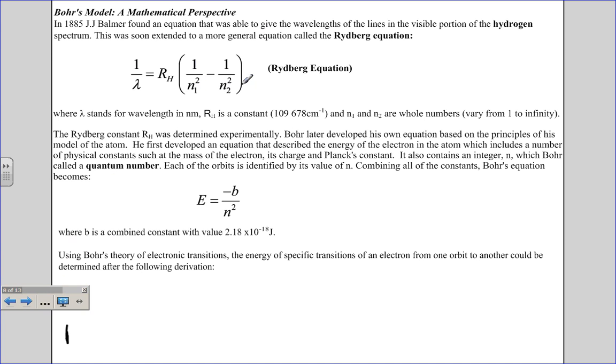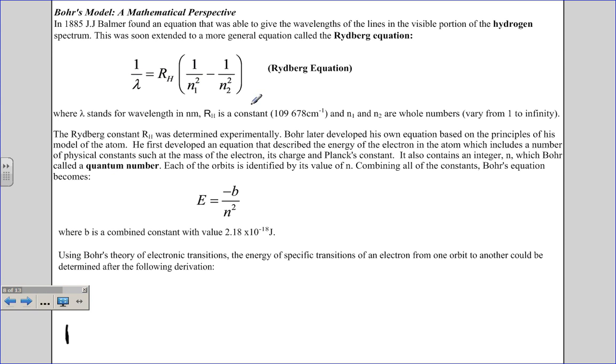So these N's, these are representing the energy levels in the atom. This N is said to be the quantum number. And really, it just means that it's the energy level of the atom for our purposes. So if an electron were to fall from the 5th orbit to the 2nd orbit, we would be able to figure out the wavelength of that light.